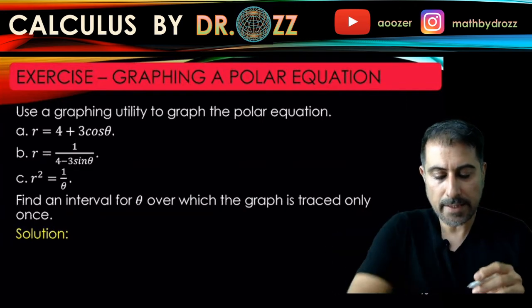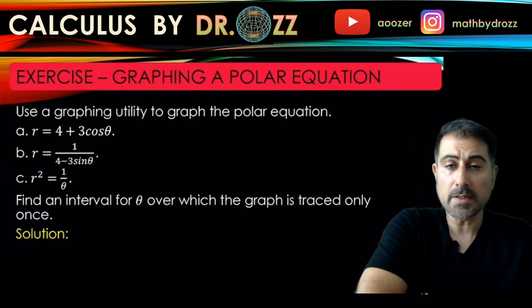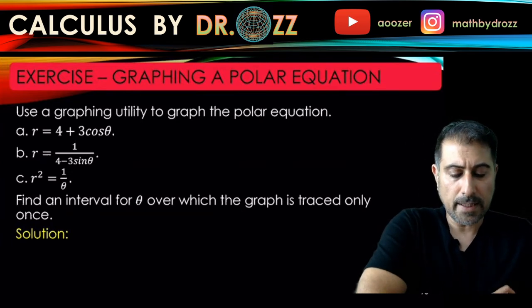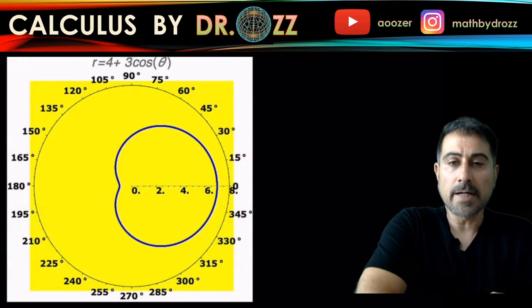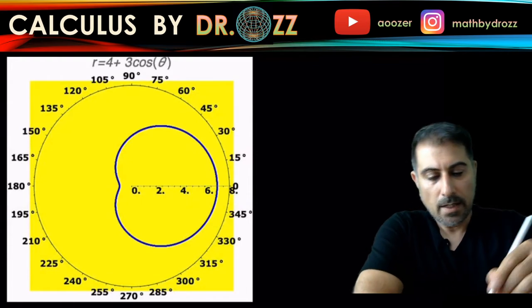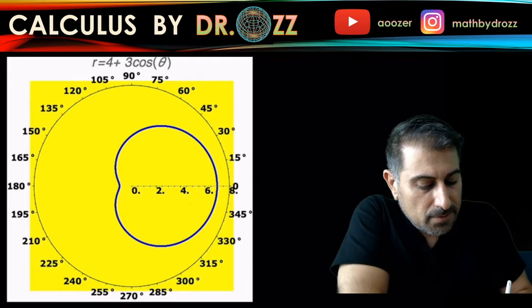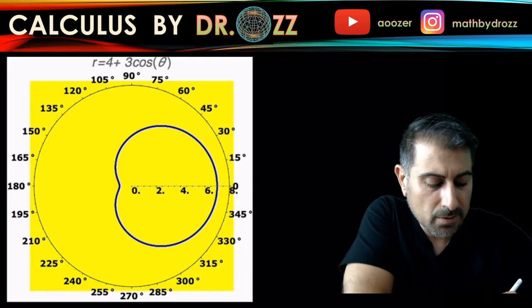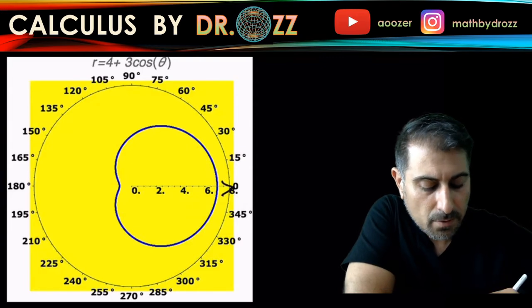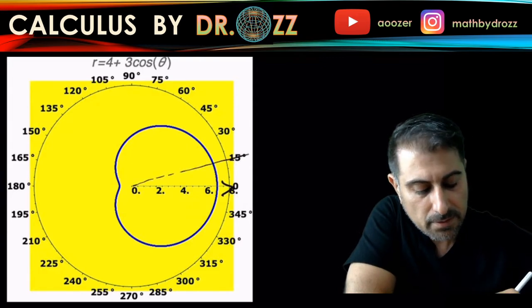Go ahead and graph it, and you can pause the video anytime. Let me show you what I got here. When you graph it the way I did, remember that these are the rays, so this is theta equals 0. I used degrees, but you can use radians.